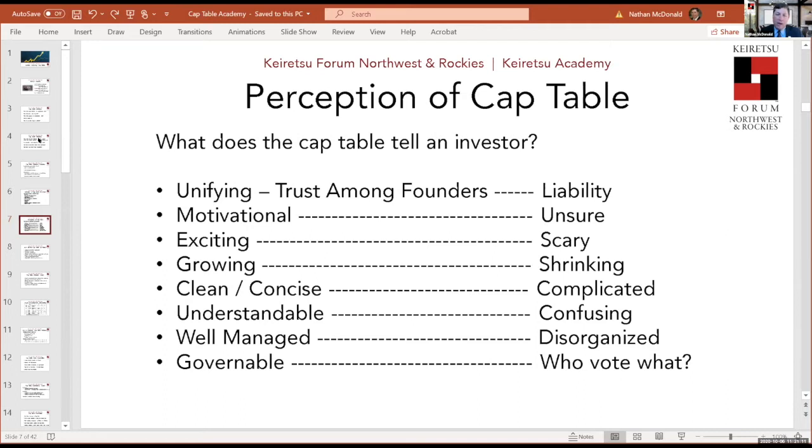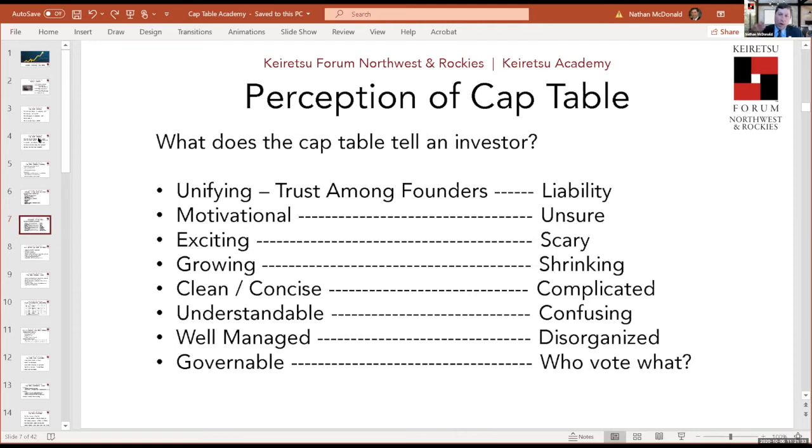So there's got to be a way of assessing value contributed by the founders and make sure it's fair, and that people feel good about it, and that they're motivated by it. And there's not one founder who contributed nothing that's getting just as much of a take as the founders who contributed everything else. That's very demotivating. And it can either create excitement, or it can be very scary.